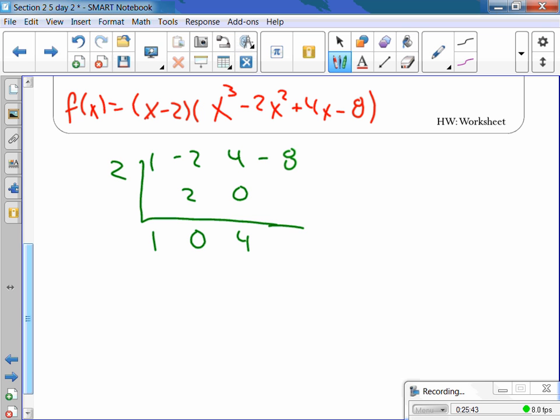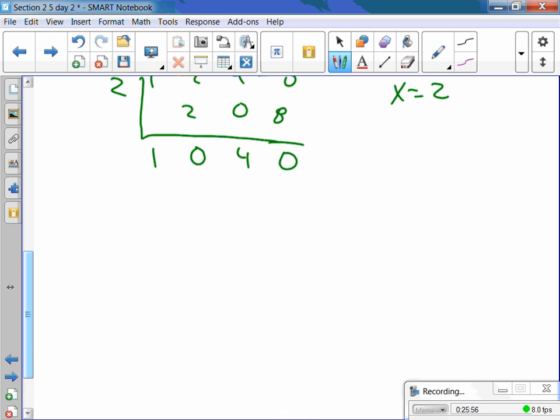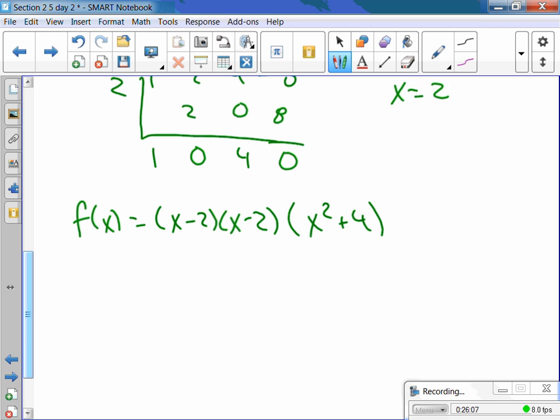So my factored form, we had two of them already, right? And then this one, x squared plus 4. So I need that. Again, I'm looking for my zeros. So what do I need to do with that x squared plus 4?